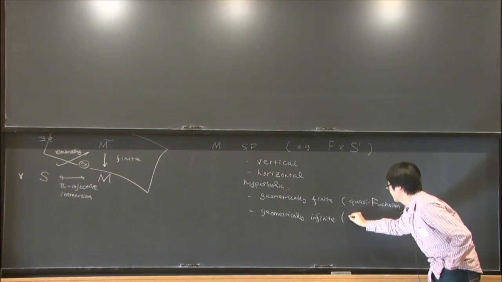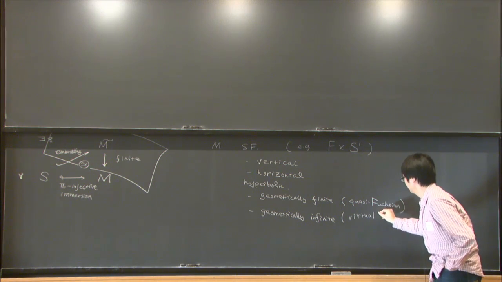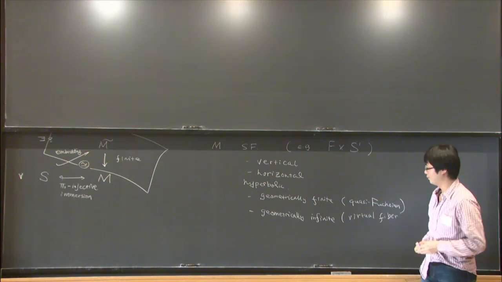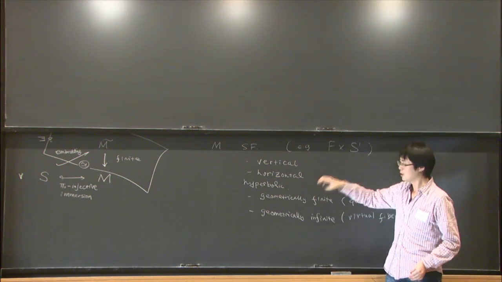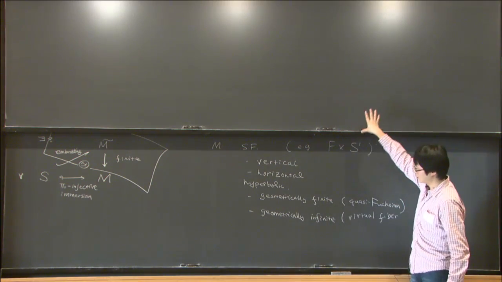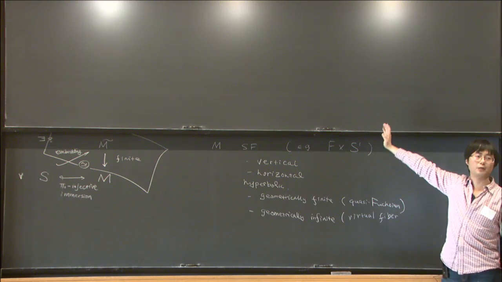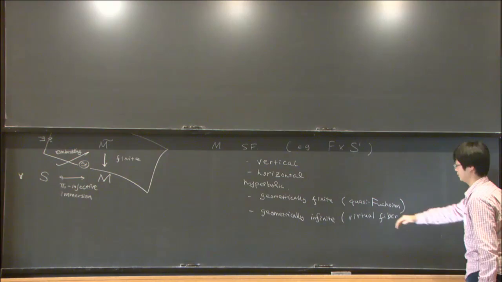In the geometrically infinite case, this surface is a virtual fiber, which means if you look at this surface, then you can pass to some finite cover of the manifold M, and then that cover will just be a surface bundle over a circle, and the fiber is exactly what you saw downstairs.